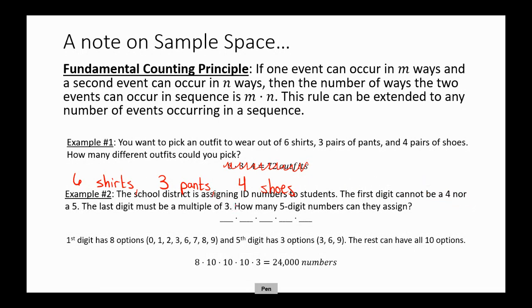Okay, so let's say the school district is assigning ID numbers to students. They have a rule that says the first digit cannot be a 4 or a 5. The last digit must be a multiple of 3. How many 5-digit numbers can they assign?